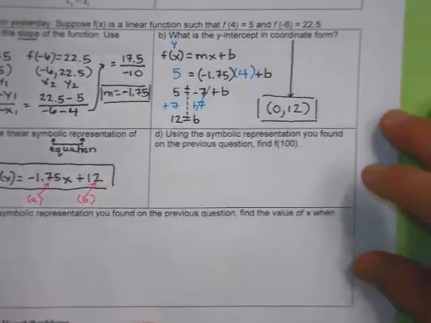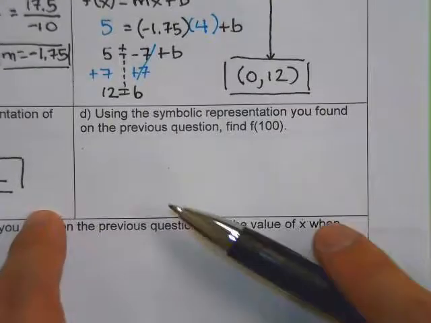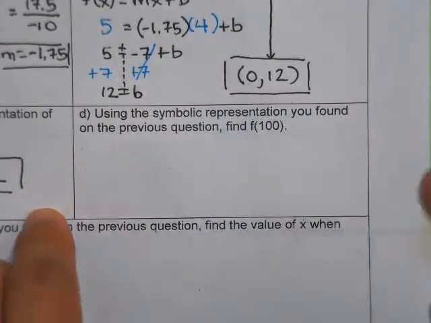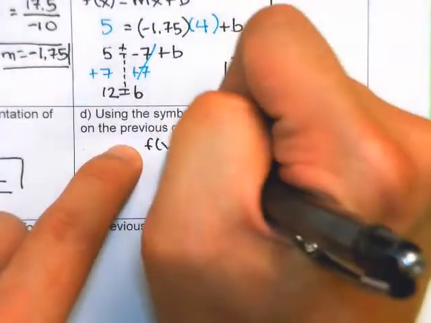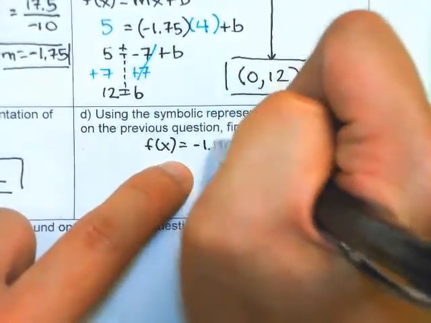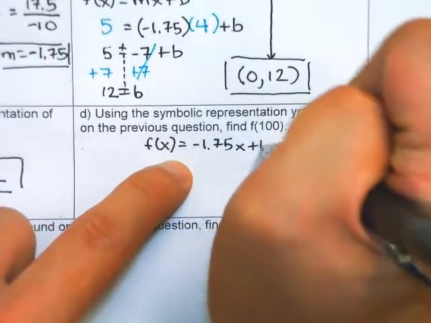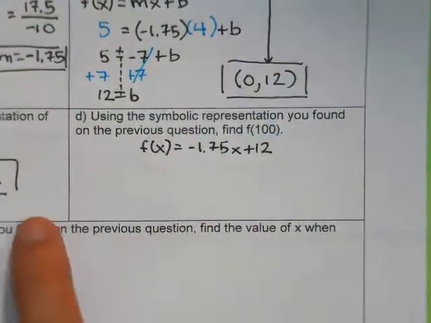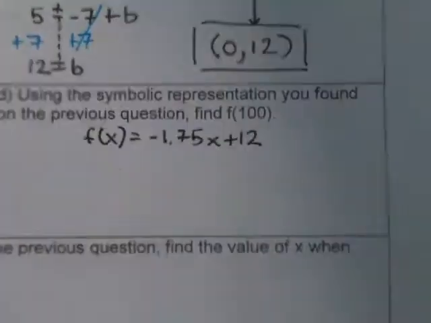Now that we got the equation or symbolic representation, using this, you found on the previous question, find f of 100. So this is a past problem that we have done before. We're going to plug in 100 for every x that we see.